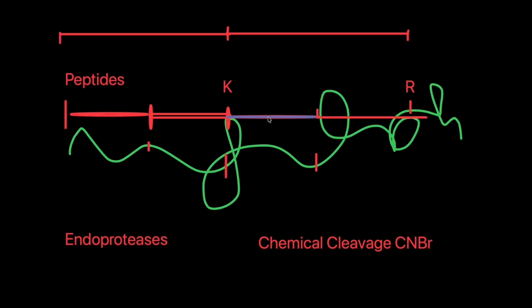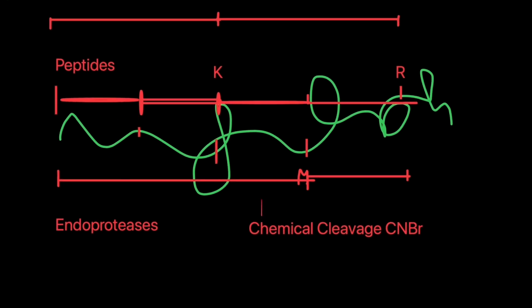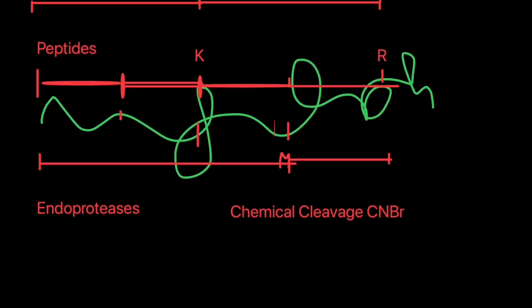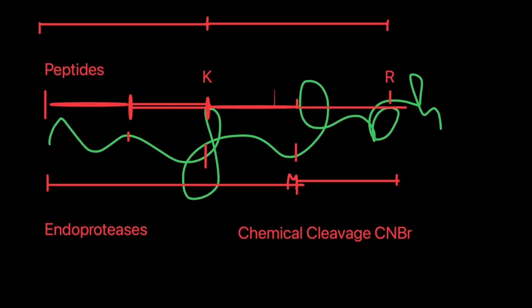The letter for that is M. So let's say here's M, and then it would cut from here until here, and then from here until here again. Then we look at the peptides that result from this, and this is how we identify through this methodology what kind of protein this is.